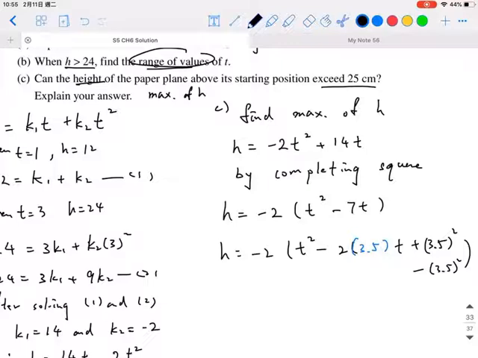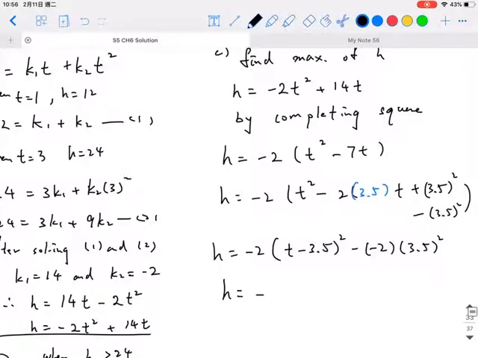So after that, h is equal to negative 2 and t minus 3.5 square, and then minus negative 2 and then 3.5 square. So h is equal to negative 2 times this one and plus 24.5.